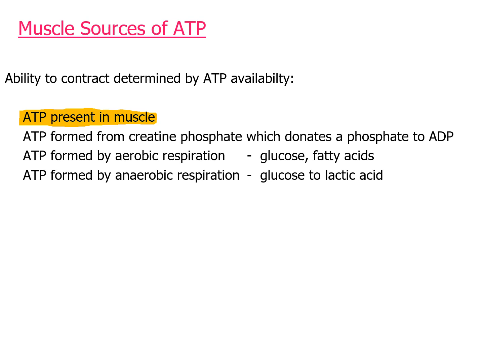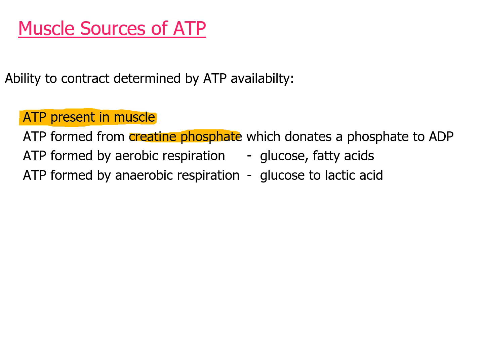There is another almost immediate source of ATP, and that comes from creatine phosphate. Creatine phosphate is phosphorylated. It has a phosphate group, and the bond to the phosphate contains quite a bit of energy.